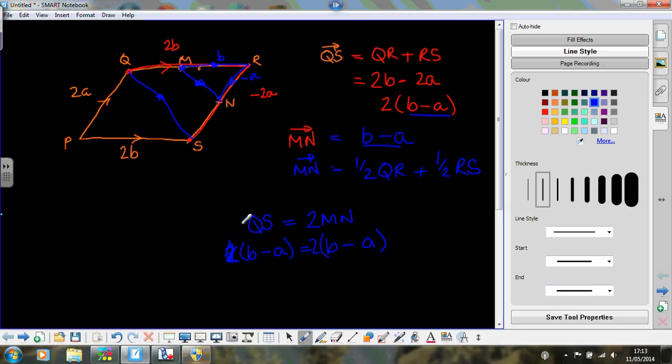So they're equal as long as QS is 2 lots of that. That means that they're parallel because QS is a multiple of MN. And that's what the examiners are looking for you to write down.